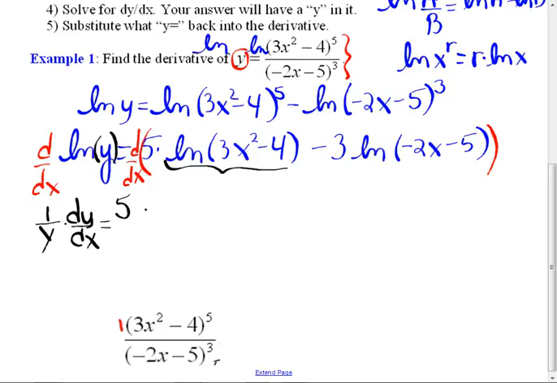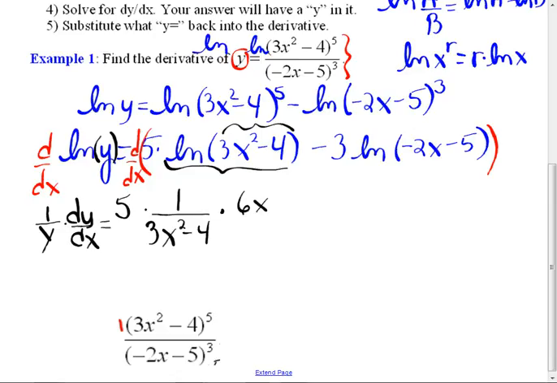You just did a worksheet on it. It's 1 over the function, 3x squared minus 4, and then you have to do the derivative of the inside function, times 6x.